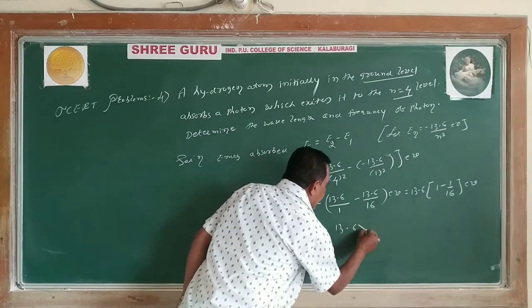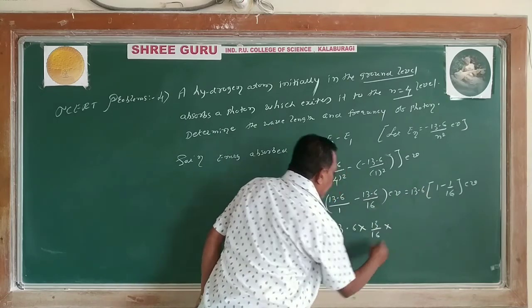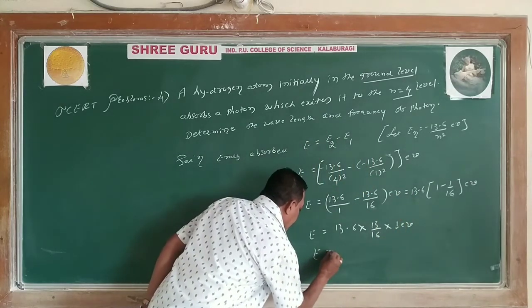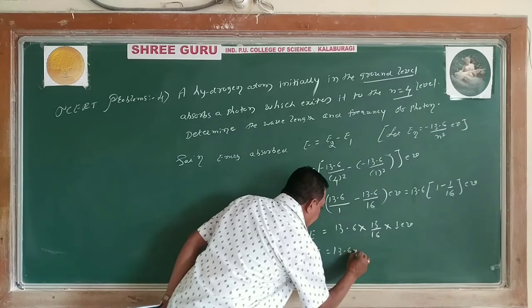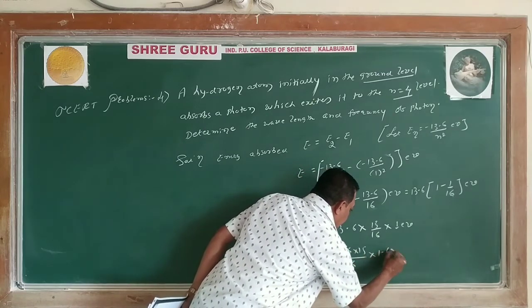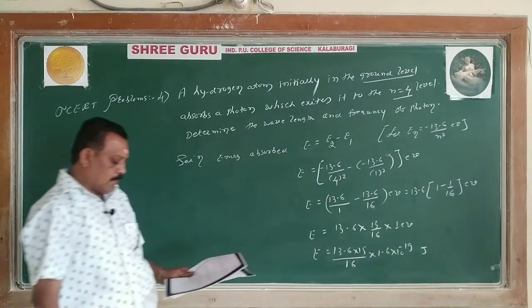13.6 into 16 minus 1, 15 by 16 electron volt. That is 1 electron volt. So E equals 13.6 into 15 divided by 16, 1 electron volt is 1.6 into 10 to the power of minus 19 joules, right?